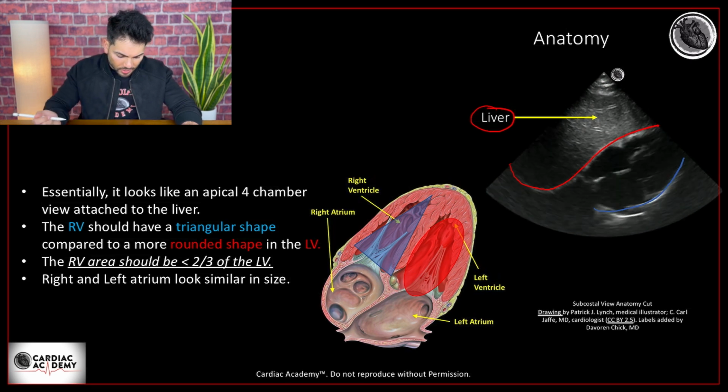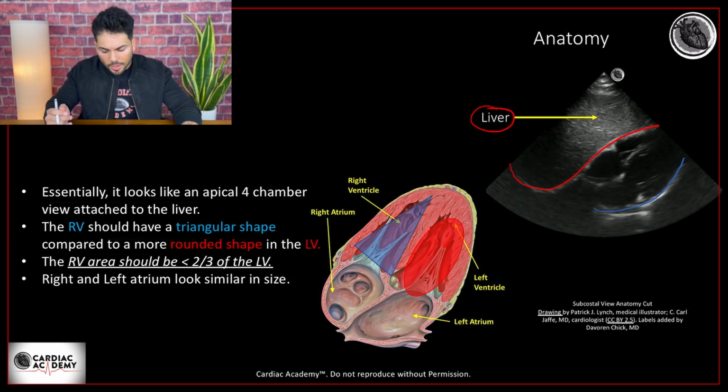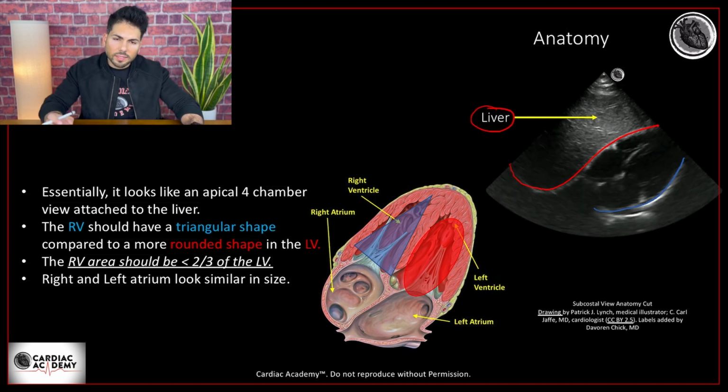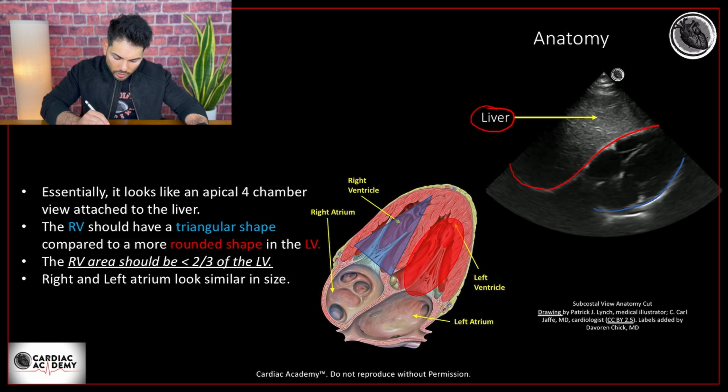You're also going to see that the left ventricle should look bigger than the right ventricle, okay? Your right ventricle should not be more than 2/3 the size of the left ventricle. And you're also going to notice that they have different shapes. The right ventricle is more triangular, just like you see here.